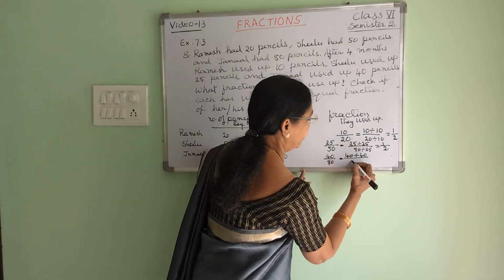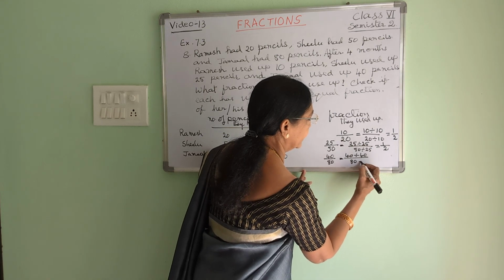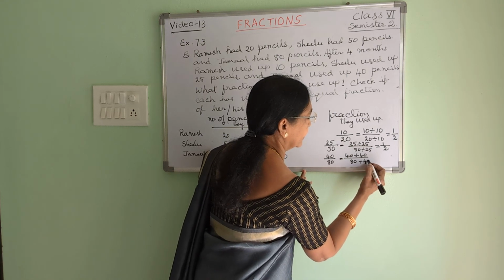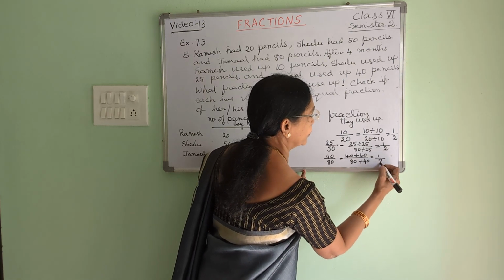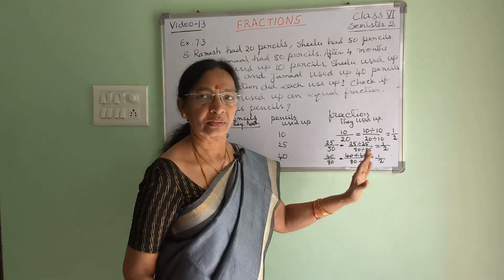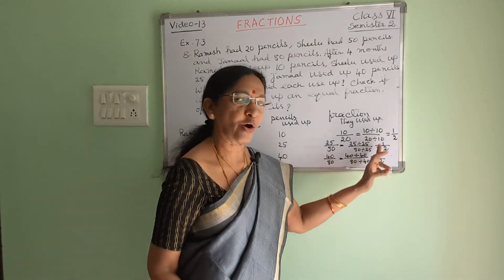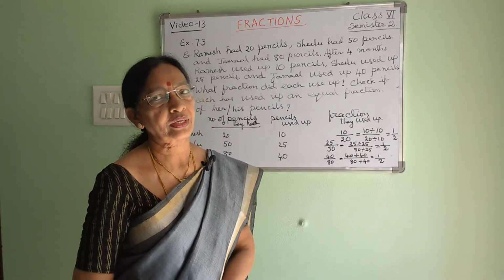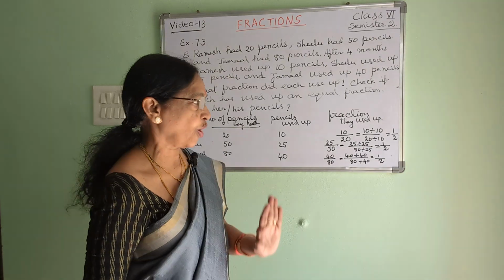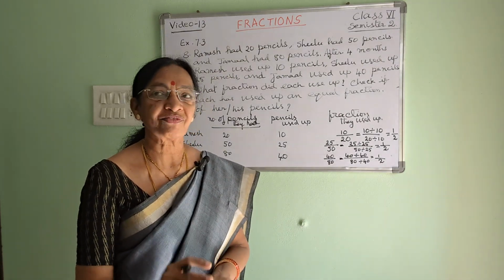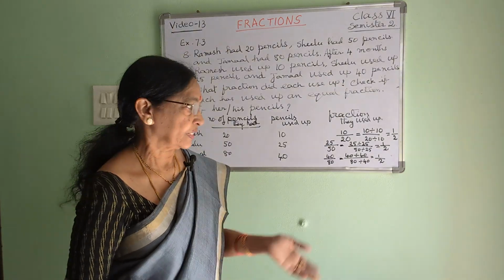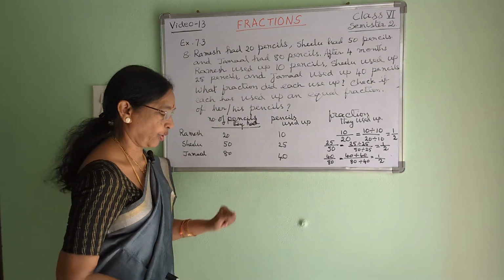So, 40 divided by 40 by 80 divided by 40 is equal to 1 by 2. So, all had used up half of their pencils by the end of 4 months. So after 4 months they have used up the same fraction of the pencils. Thus we can solve this problem.